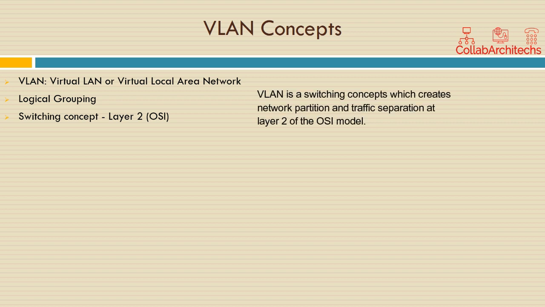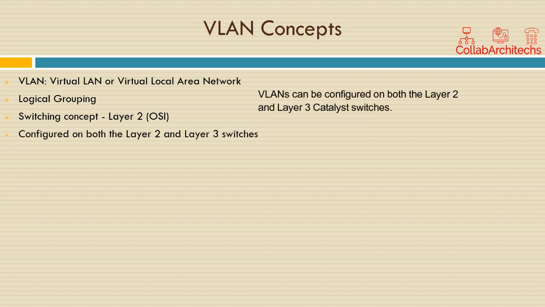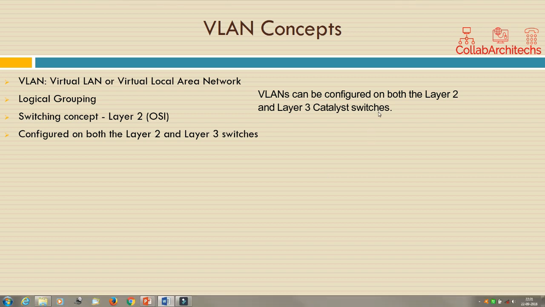VLAN is a switching concept which creates network partition and traffic separation at layer 2 of the OSI model. VLANs can be configured on both layer 2 and layer 3 catalyst switches.